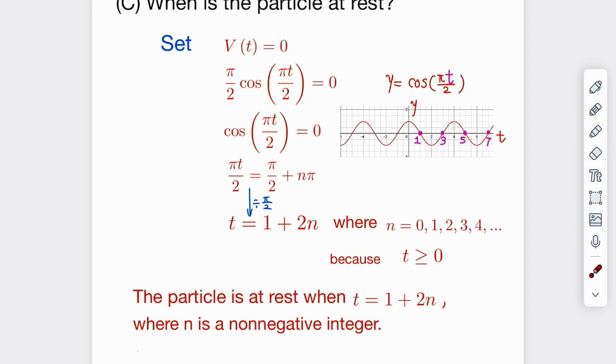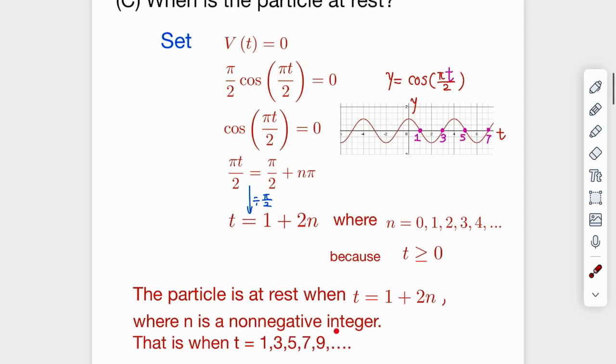And you can see that the function value equal to 0 is going to be at 1, 3, 5, 7, etc. So the particle is at rest when t equals 1 plus 2n. This stands for an odd integer, and we only consider positive odd integers, which means t here has to be 1, 3, 5, 7, 9, etc.